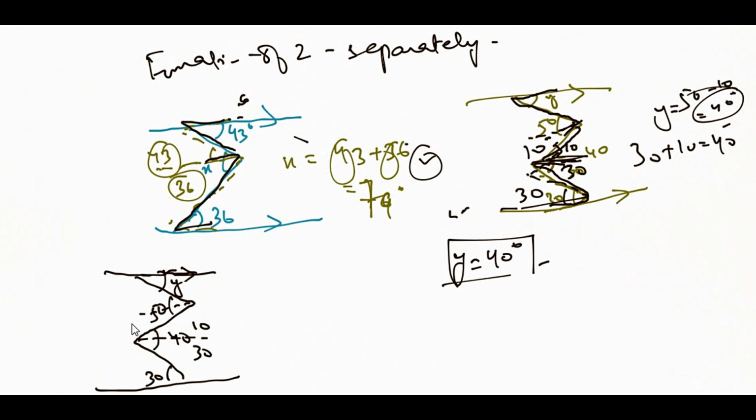If this is 10, then this is 10, this is 40, and this is 40, then y is equals to 40. I have repeated this concept again because it has a tendency of troubling most of the students. So I hope that I have made it clear this time around.